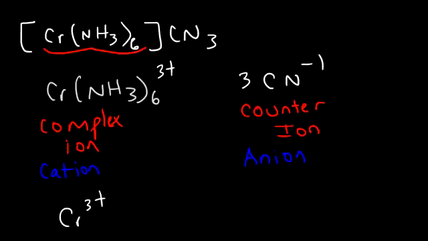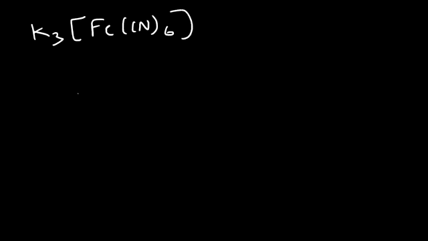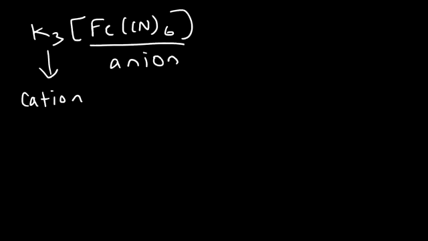But sometimes the roles can be reversed, like in this example, K3Fe(CN)6. So this is the cation, and this has to be the anion. So this time the anion is the complex ion, Fe(CN)6 with a -3 charge.